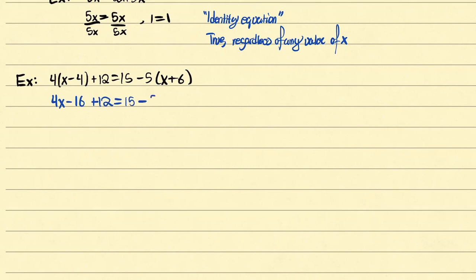So when I distribute this, I get minus 5x minus 30, minus 5 times 6. Here's an x, and here's an x. Here's some stuff that doesn't involve x, and here's some stuff that doesn't involve x. So if I combine some things, negative 16 plus 12 is 4. 15 minus 30 is minus 15.